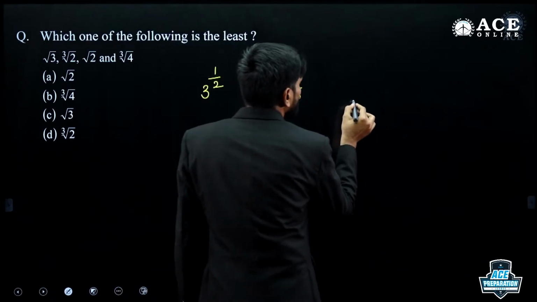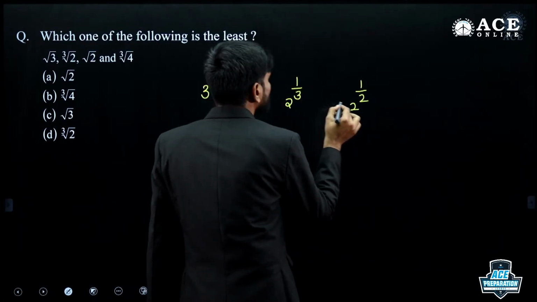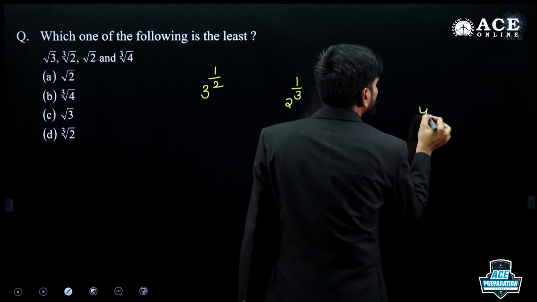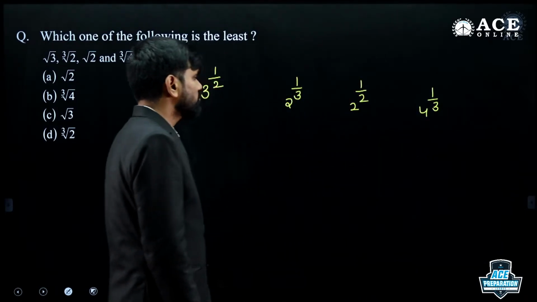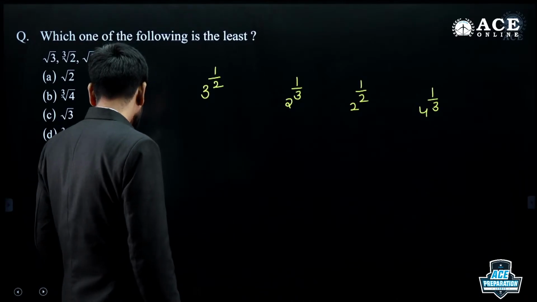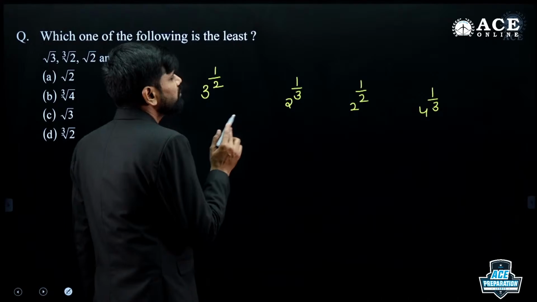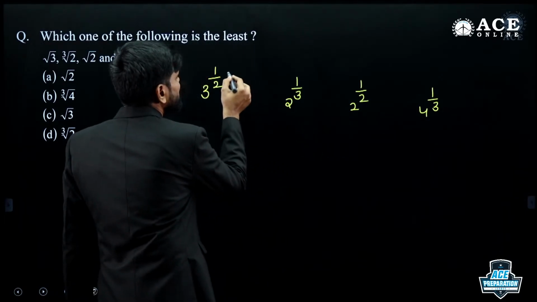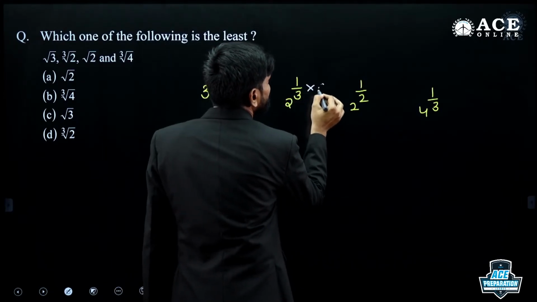Square root of 2 means 2 to the power of 1 by 2. Cube root of 4 means 4 to the power of 1 by 3. Now going ahead, 2, 3, 2, 3. So LCM of 2, 3, 2, 3 is 6. So multiply everything with 6.